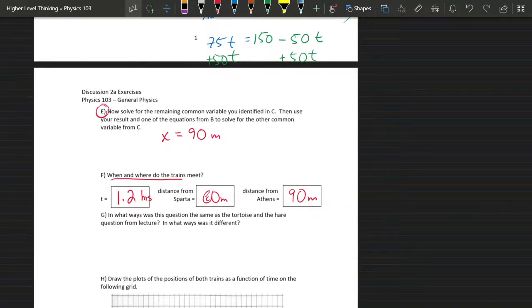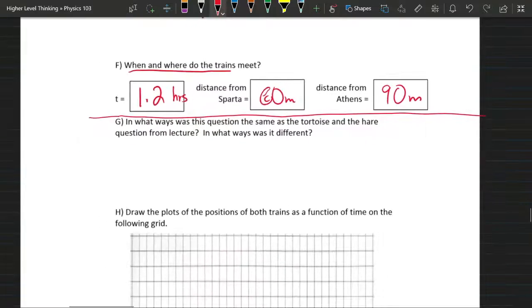And I am not familiar with the tortoise and hare question from lecture, but we could assume that anytime two entities meet, their position has to be the same.